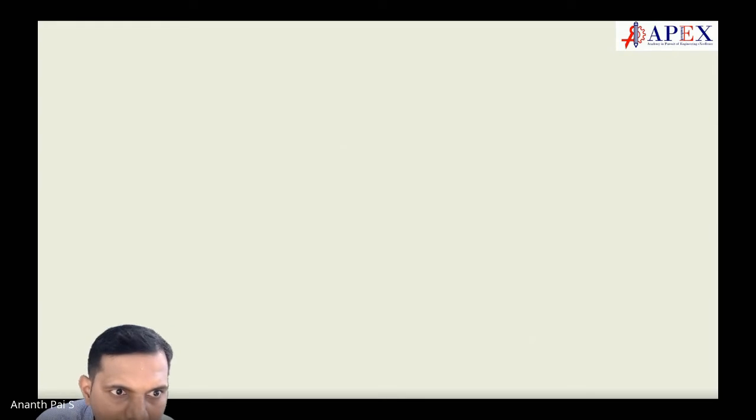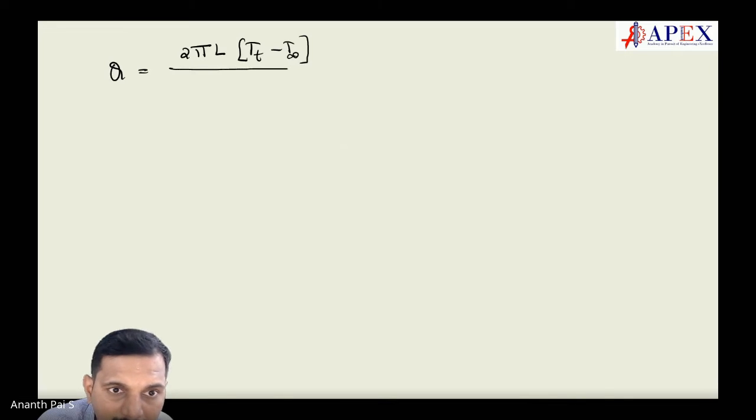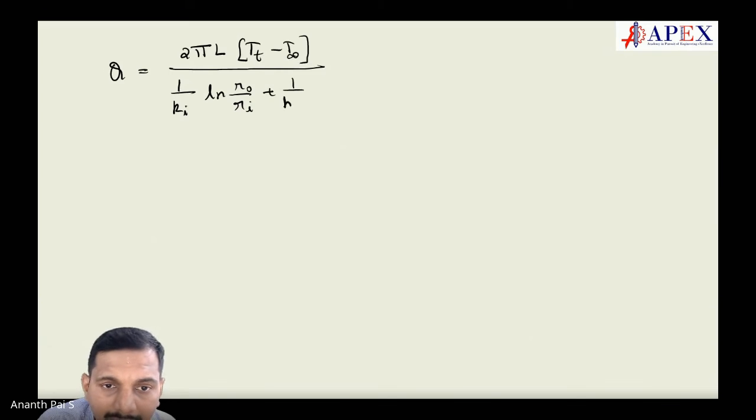Okay, so we have q is equal to 2 pi L (T of 0 minus T of infinity) divided by 1 by ki log of r naught by ri plus 1 by h of c into r naught.